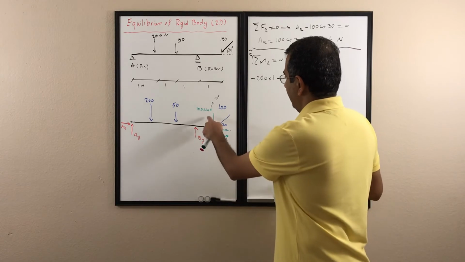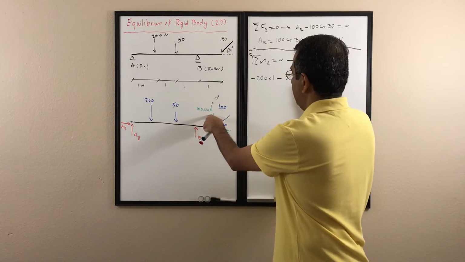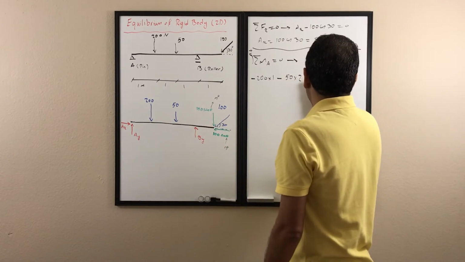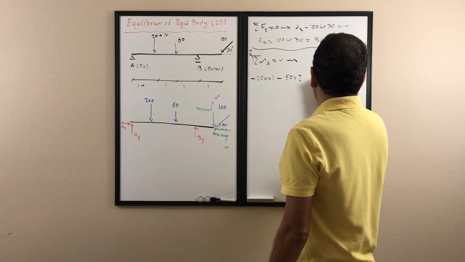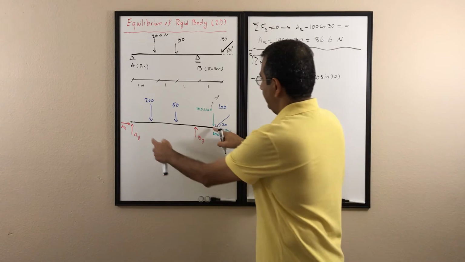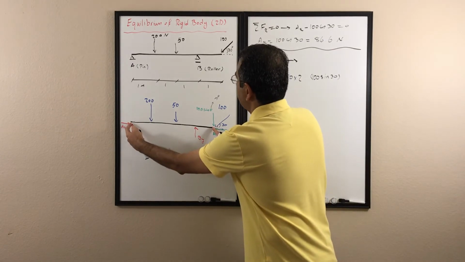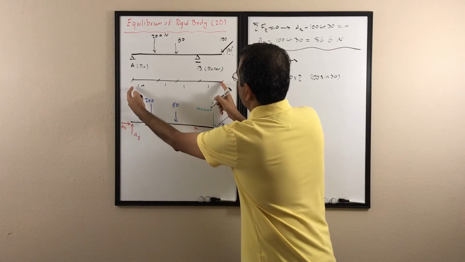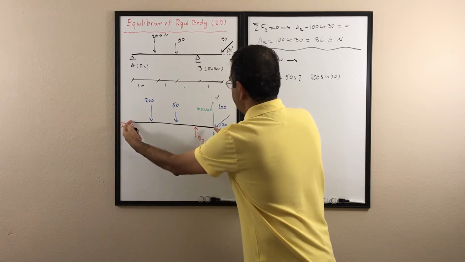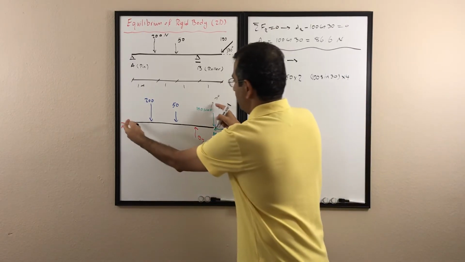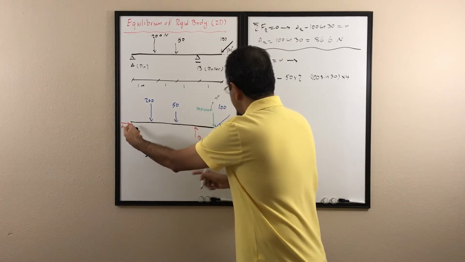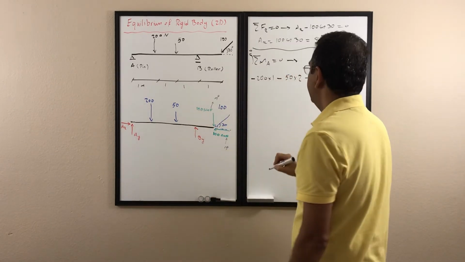And then I write this one, 100 sine 30, and the normal distance, if you look at it, is 4. This is the normal distance from here to here. Again it rotates clockwise, so it's going to be negative.